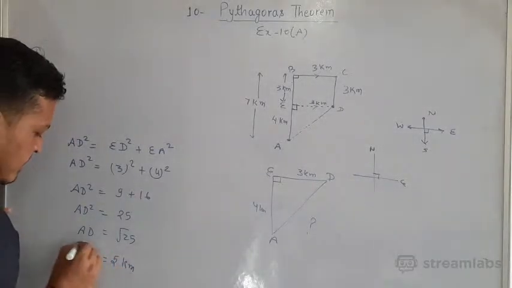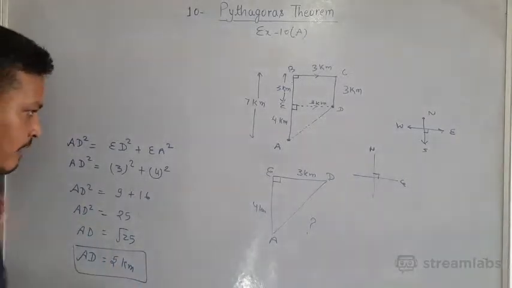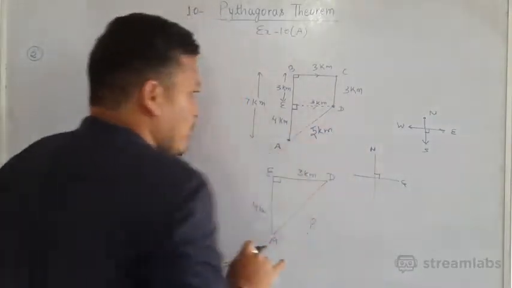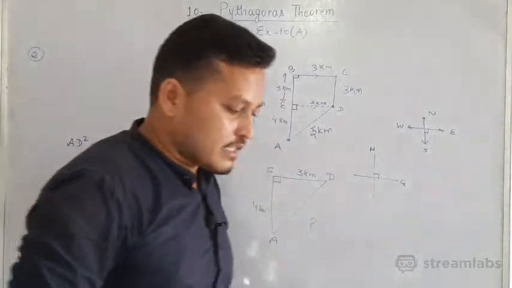So the distance between the starting position and end position will be 5 kilometer. So it is 5 kilometer far from its initial position.